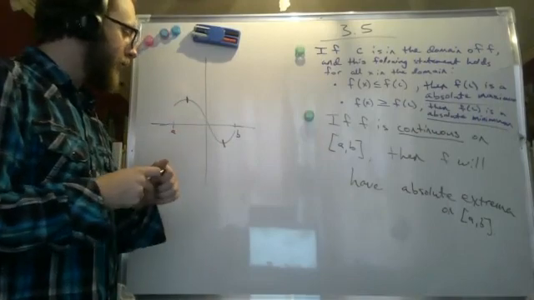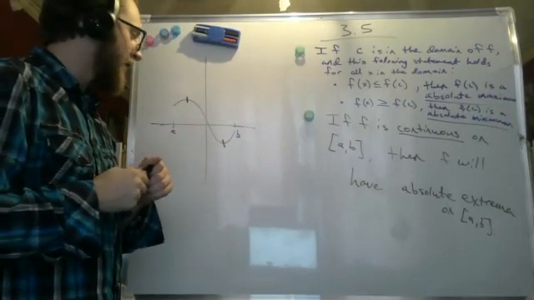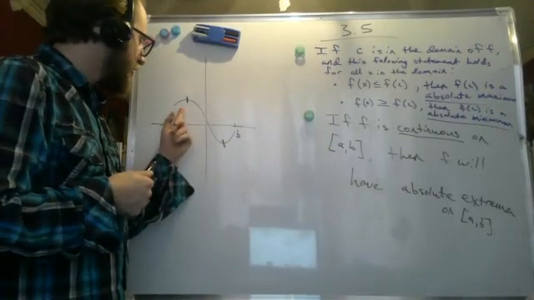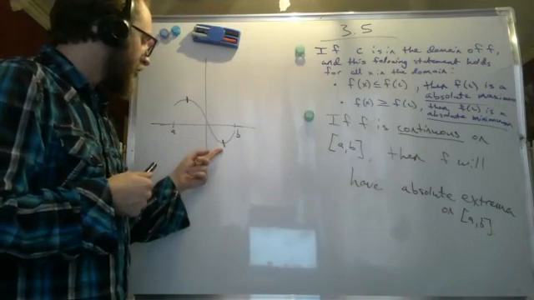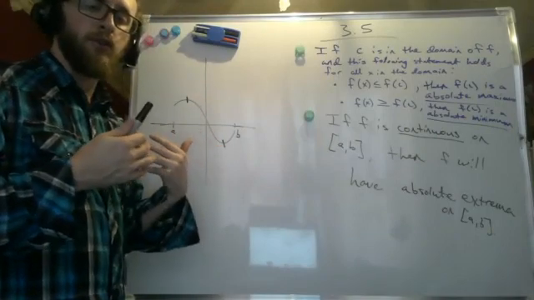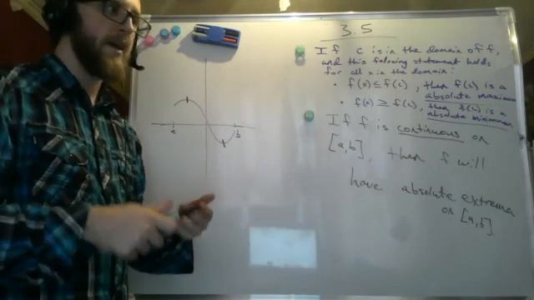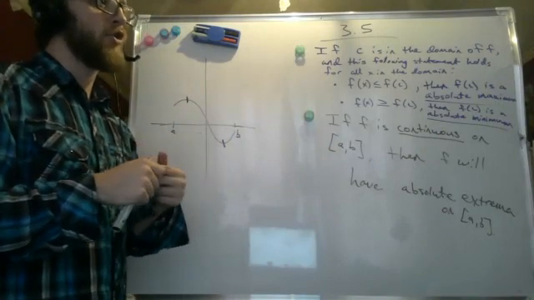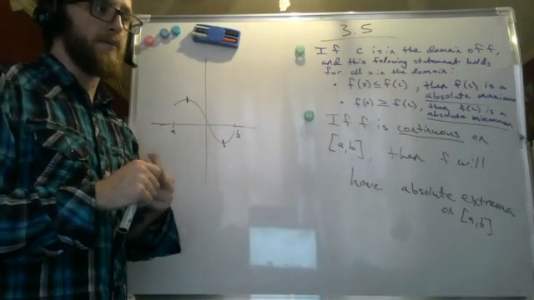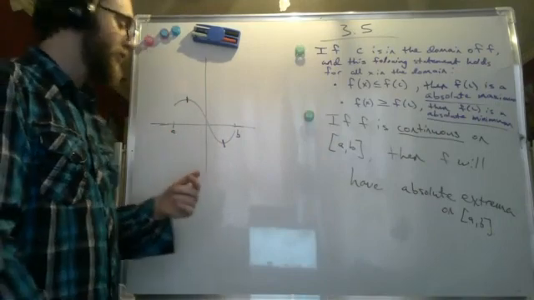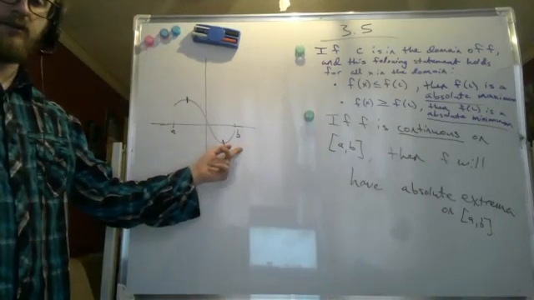Now, the one pitfall to watch yourself with is that just because you have points that are local extrema, so we have a local max and a local min, then that local max and min might not be the absolute maximum. You still want to test your bounds.